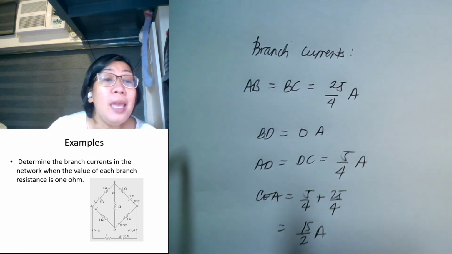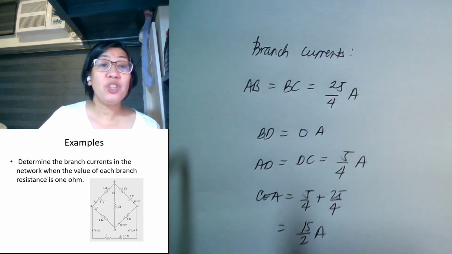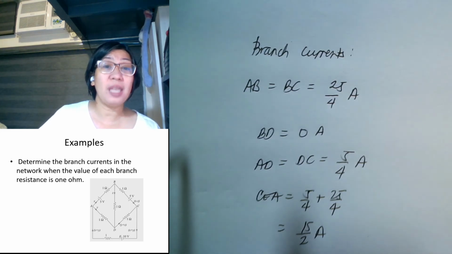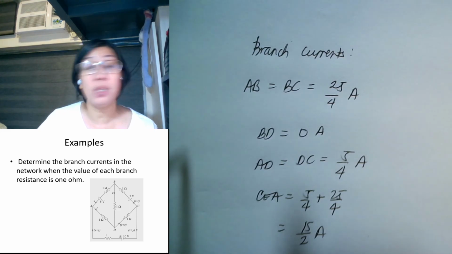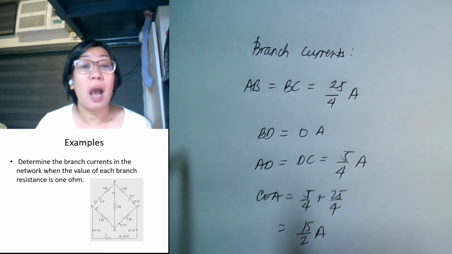Now, A and B is equal to D and C. Why? Because at A and D, the current flowing here is Y, and at B and D, the current flowing is Y plus Z. However, Z is equal to 0. So, therefore, branch A and D is equal to branch D and C, which is equal to Y, which is equal to 5 over 4 amperes.